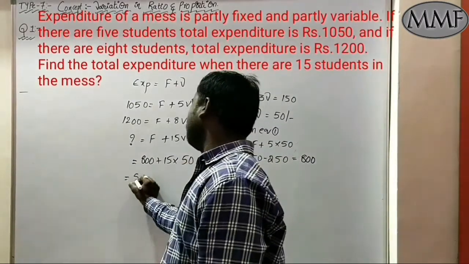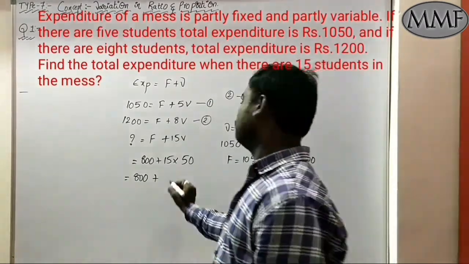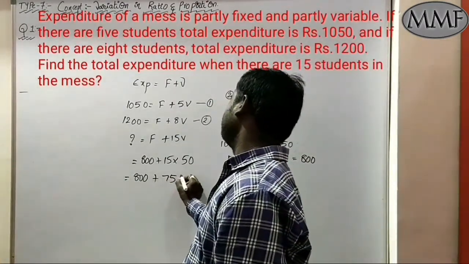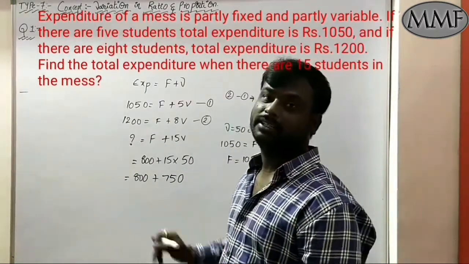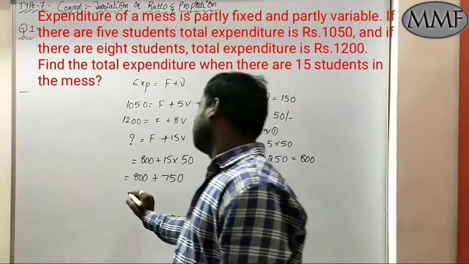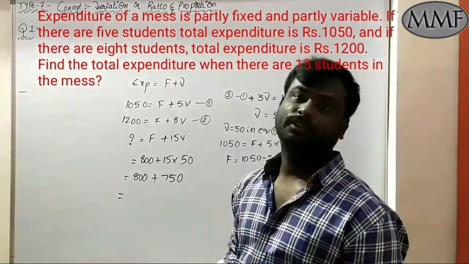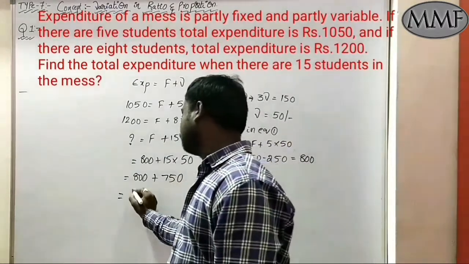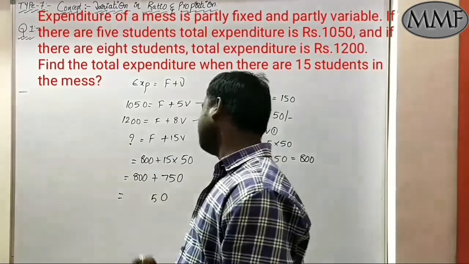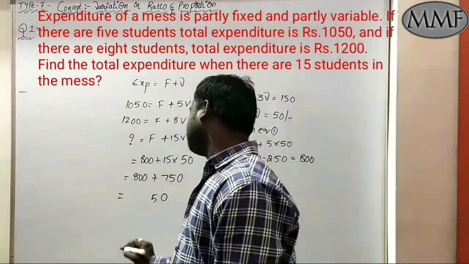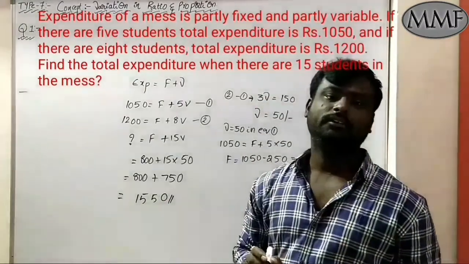So 800 plus 15 into 50, that is 750. 750 plus 800 is 1550 rupees.